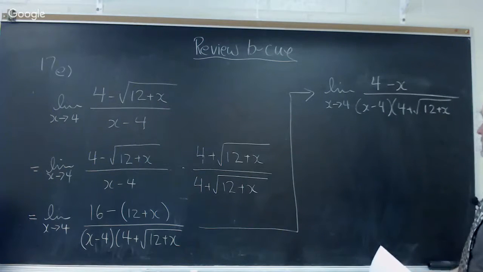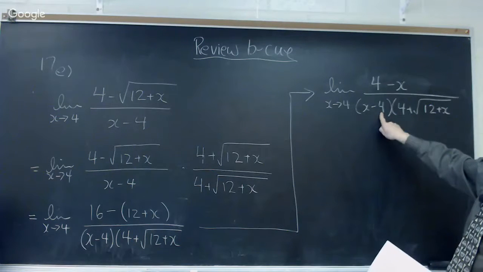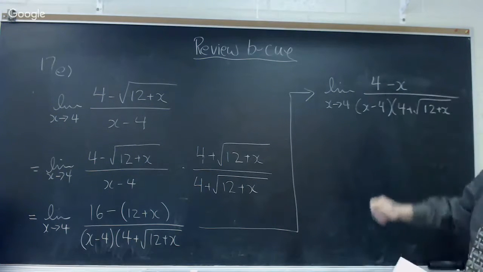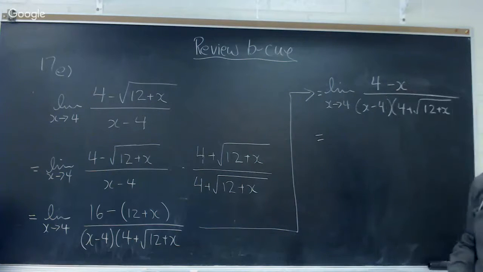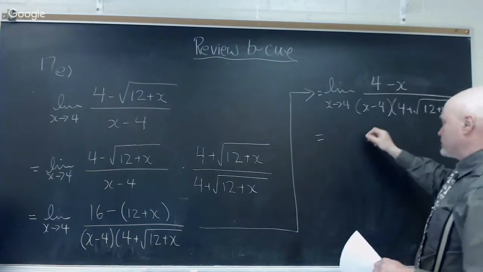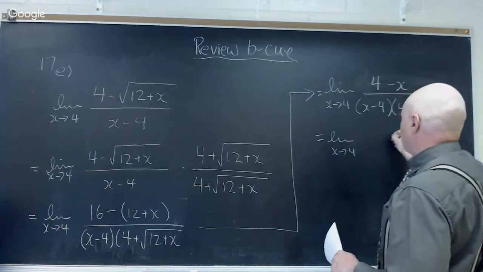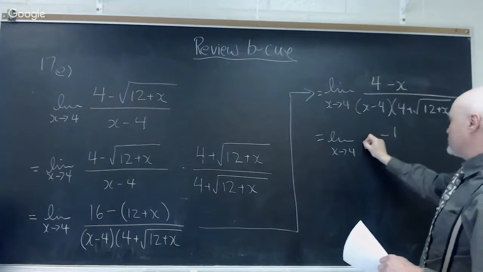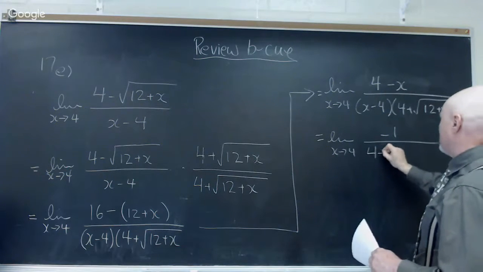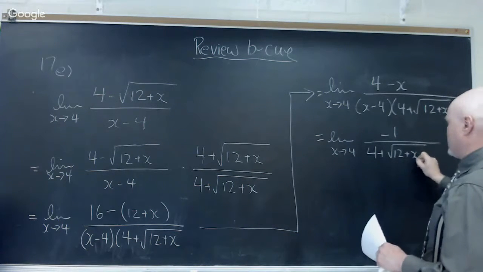Oh my goodness, if only x minus 4 divided into 4 minus x in some nice even way. And the answer is that it does. It's being disguised. This divided by this is just negative 1, and this is 4 plus square root of 12 plus x.